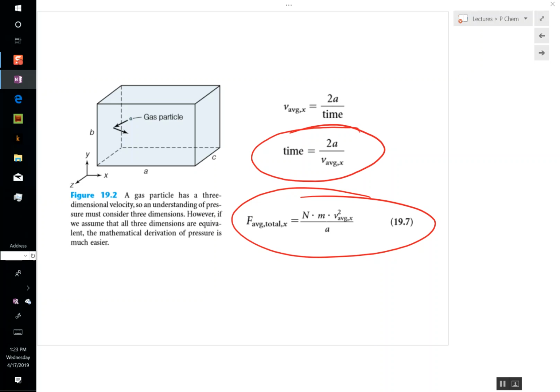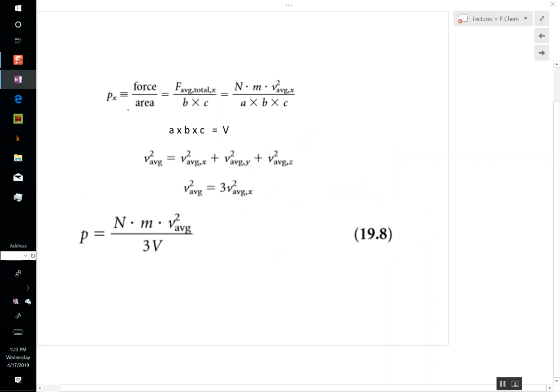Pressure is force per unit area. So there's our force from the previous equation. We're going to divide this side of the equation by B times C, that's the area. And lo and behold, A times B times C is volume.